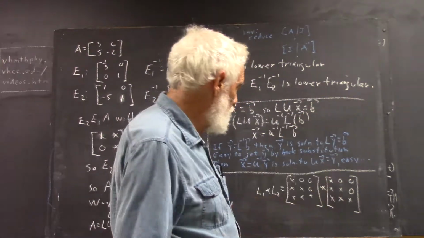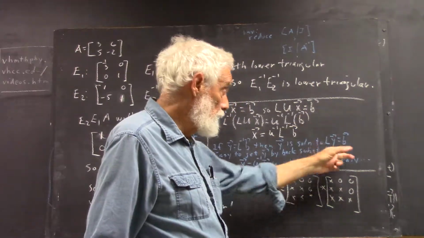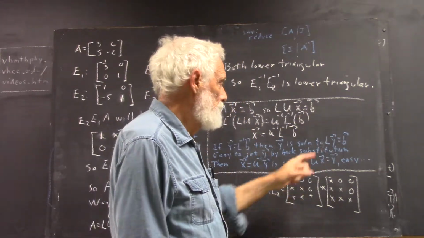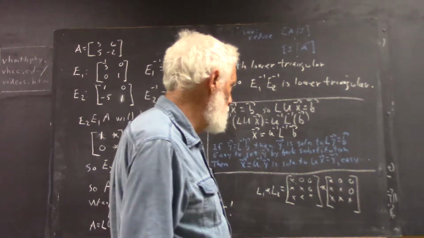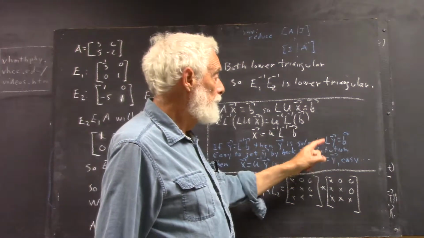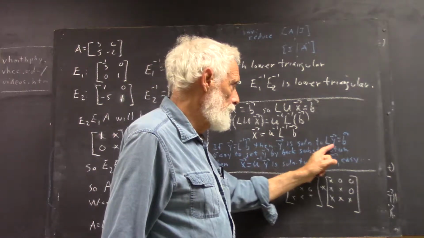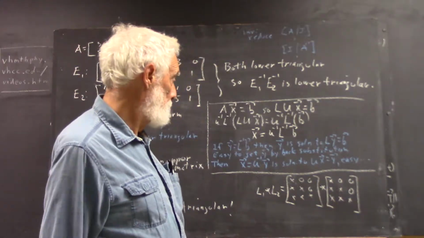Now you may be a little lost what that means, and as I say, I will have inserted a video to show what that means, and to solve this thing by forward substitution, which is an assigned problem that you should already have done. Regardless, we'll demonstrate that. So LY equals B is really easy to solve. Okay?